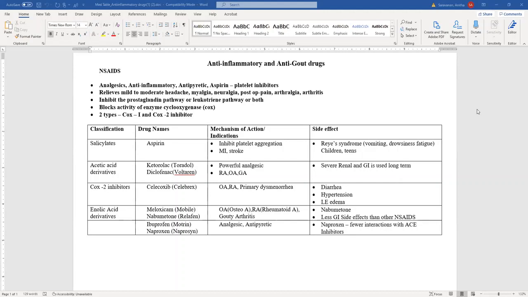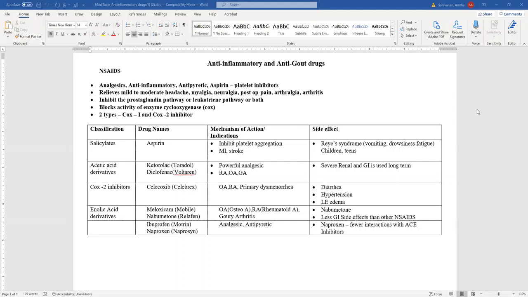Initially, aspirin was found to just help as an antipyretic, meaning fever and pain, right? Of late, they've identified baby aspirin of 81 milligrams as prophylactic for patients post-MI and post-stroke, if they're not having any hemorrhagic issues.